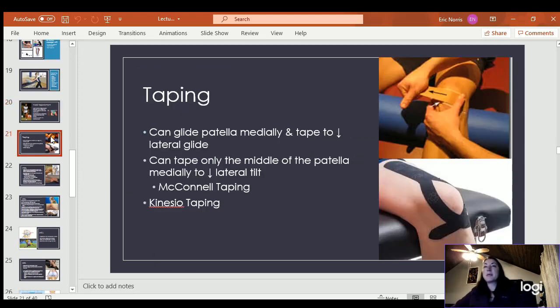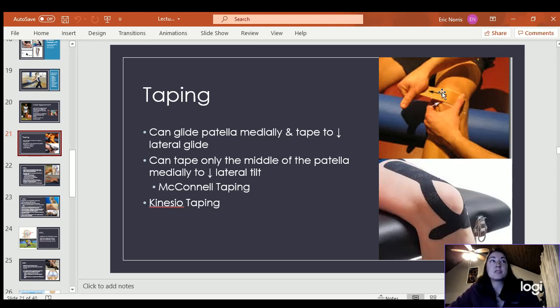Okay, taping. Remember, we are learning kinesiotaping today, and so I won't go over a lot of that, but there's one taping that is called McConnell taping. So they typically lay down that white tape as more of an anchor.